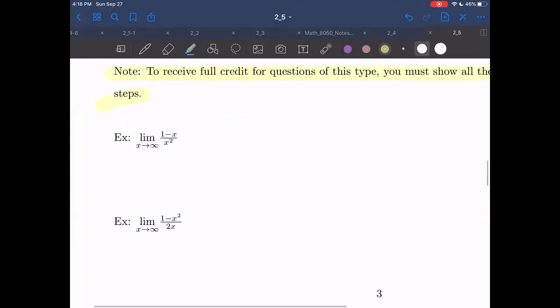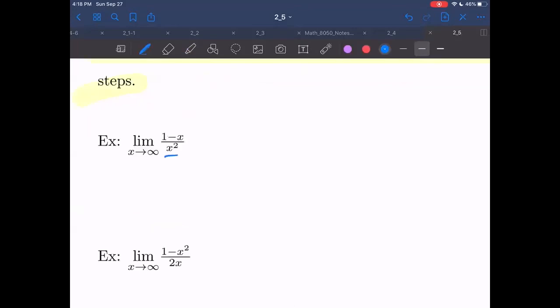I'll explain with an example. I've got my denominator here, and I only have one term. So I multiply by 1 over x squared over 1 over x squared, because if I only have one term, it's automatically the greatest.